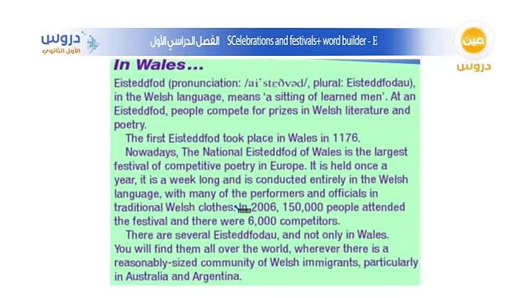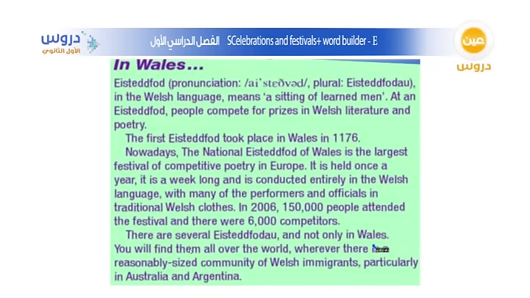So the plural of Eisteddfod could be Eisteddfods or Eisteddfodi. In the Welsh language it means a sitting of learned men.